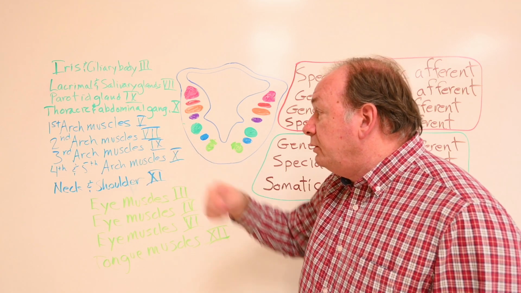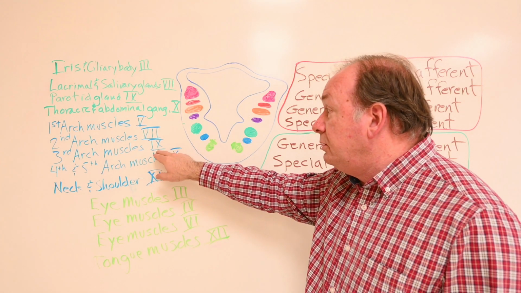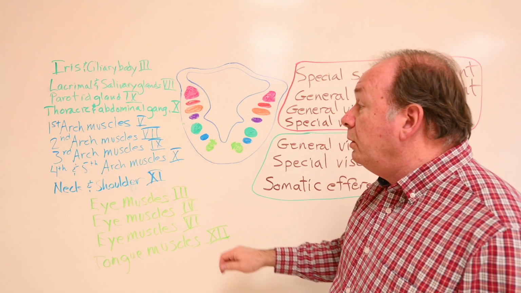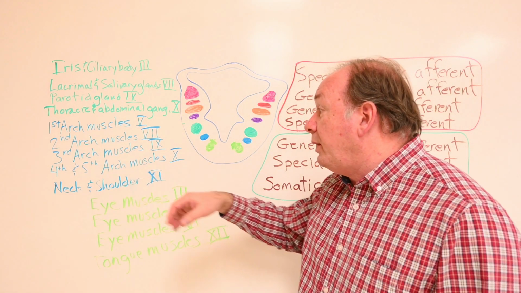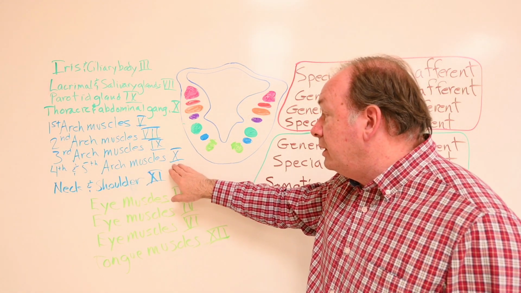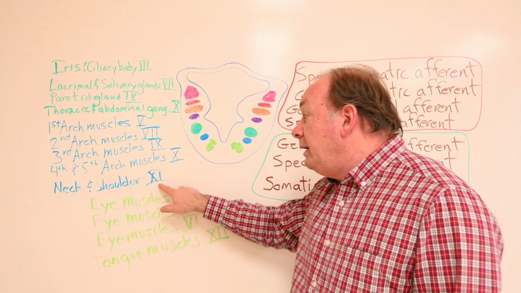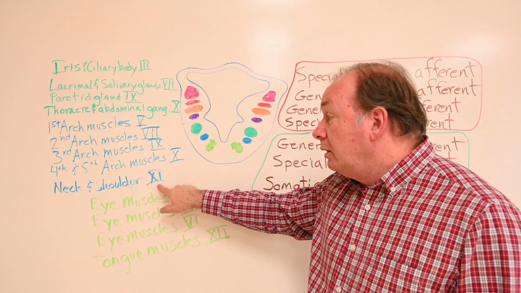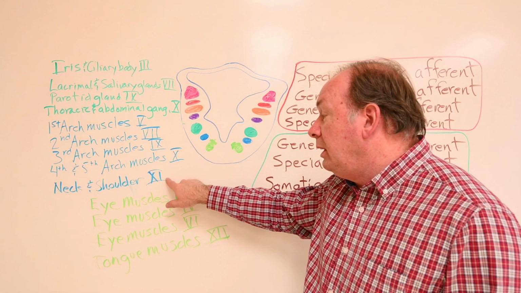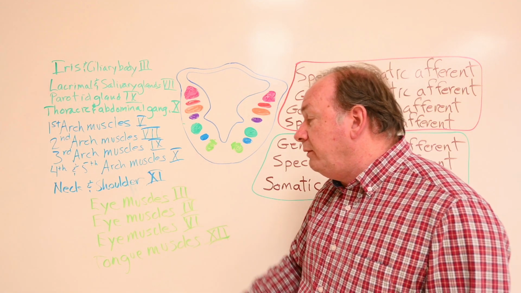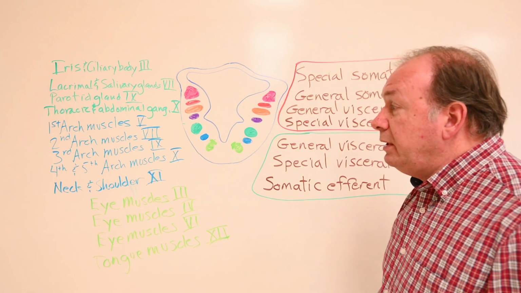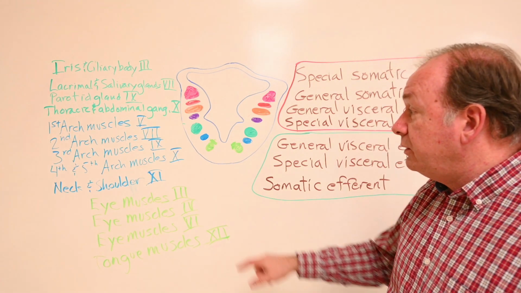Then third arch muscles further back in the pharynx, nerve number 9, controlling those. And then fourth and fifth arch muscles even further back in the pharynx, nerve number 10, controlling that. Neck and shoulder muscles, coordinated through nerve number 11. Nerve number 11 is called the accessory to the vagus nerve, accessory to nerve number 10.